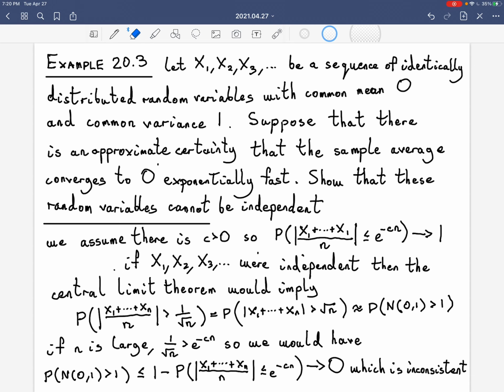And exponential convergence here is kind of extreme overkill. You can see that anything faster than 1 over square root n convergence is not likely to happen in the average. So even asking for linear convergence to the mean in the average is not something that can happen for independent random variables.